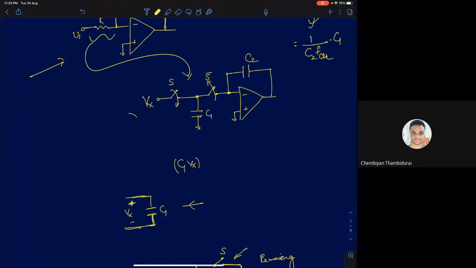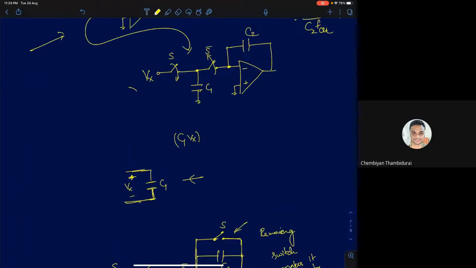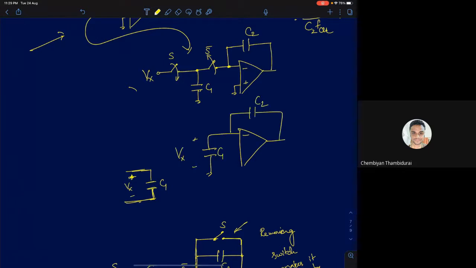So in this half cycle, you will charge the capacitor C1 to Vx volts. What will happen in the other half cycle? In the other half cycle, you will end up with a circuit like this. You will have the capacitor C1 now charged to Vx volts and C2 this way. So now there is negative feedback. The op amp will try to force this node to 0 volts.